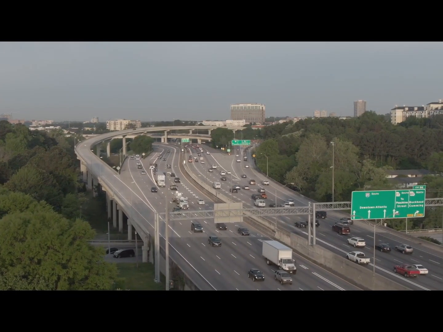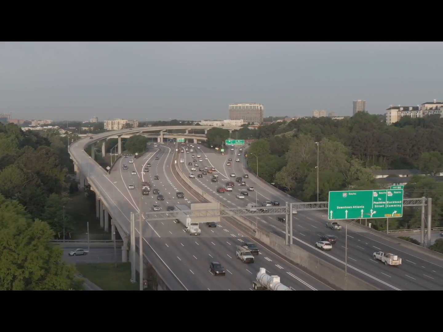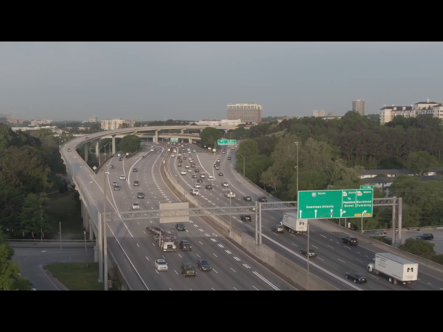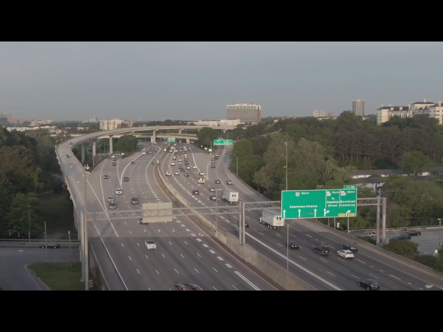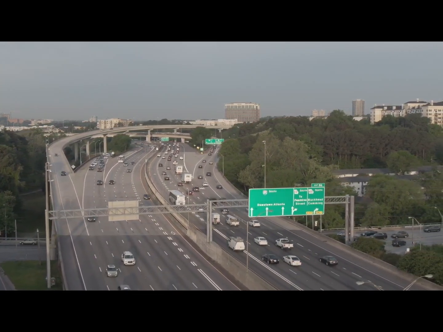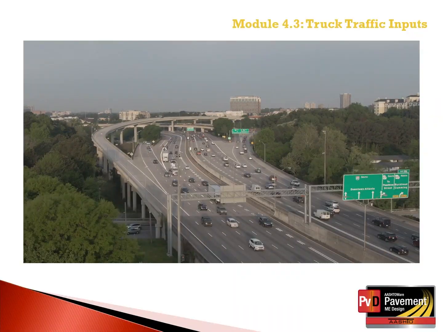Truck traffic is important for the MEPDG as well as other mechanistic-empirical and empirical-based design procedures because truck traffic has a significant impact on the material and/or layer property requirements as well as layer thickness.